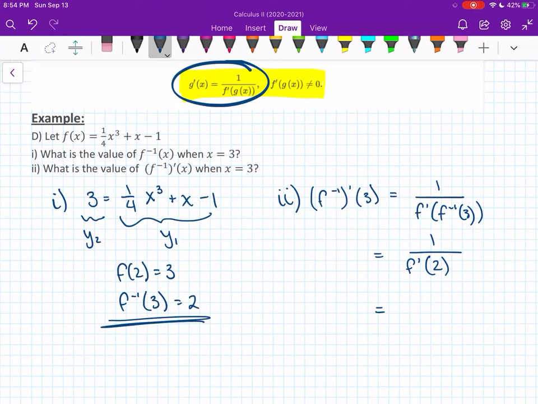Okay, so what's my derivative now? Did we find f prime of 2? We did not. So f prime of x is going to equal 3/4 x squared plus 1. And f prime of 2 is going to then equal 3, because that'll be a 4.